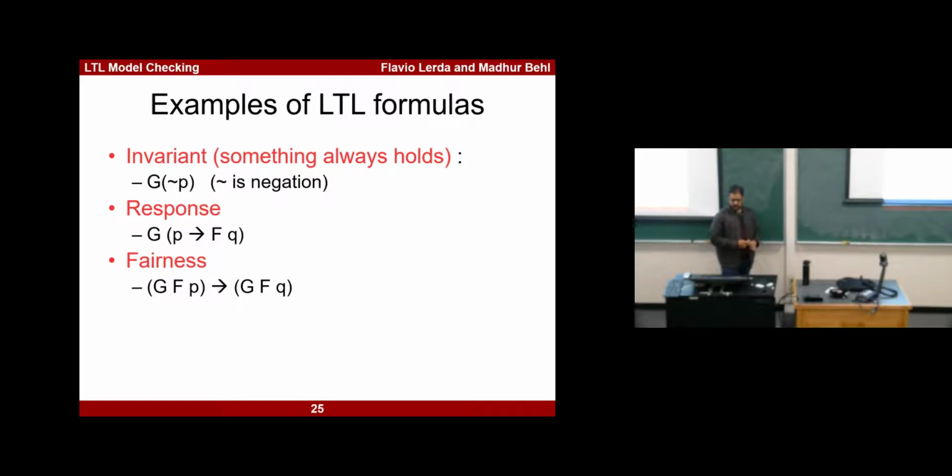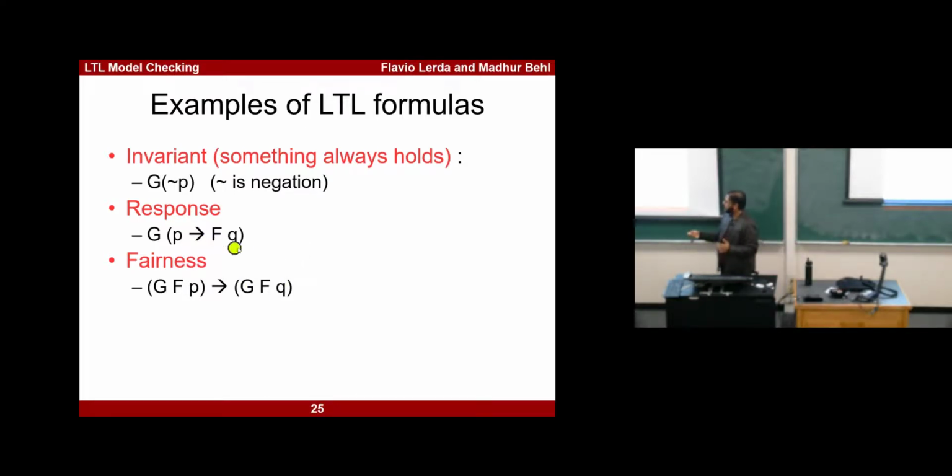The next one is interesting. Who can interpret what the next one is saying? Give me an English, human-understandable expression of what this response property is. The response kind of gives it away actually, but still. Go inwards to outwards again. Q will always eventually follow a P. Very good. Let's look at the inside bracket first.